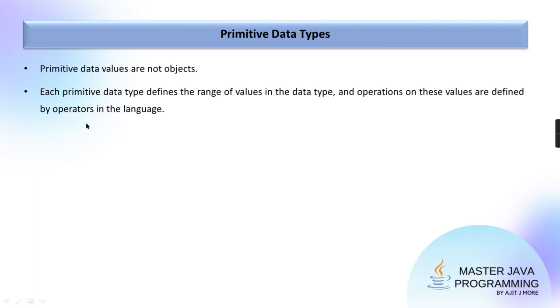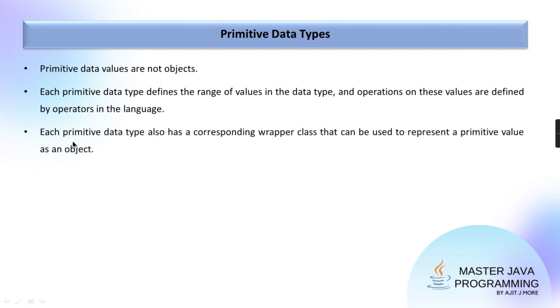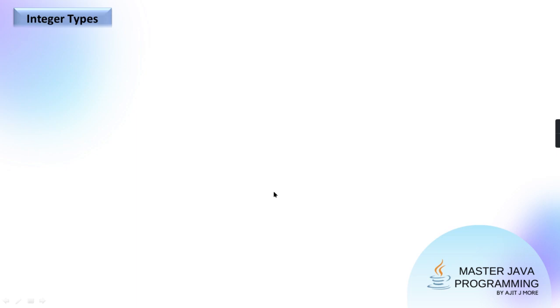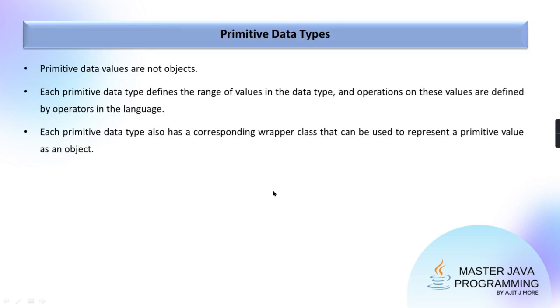Every language provides some operator set, and which operations you can do on it is decided by the language designer. Every primitive data type has its corresponding wrapper class. And for what do we use that wrapper class? To represent that primitive as an object. If you want to convert a primitive value to an object, use these wrapper classes. Okay, so till here I hope it is clear to you.